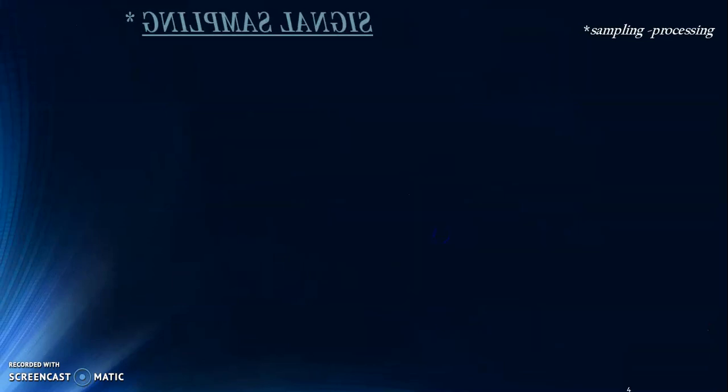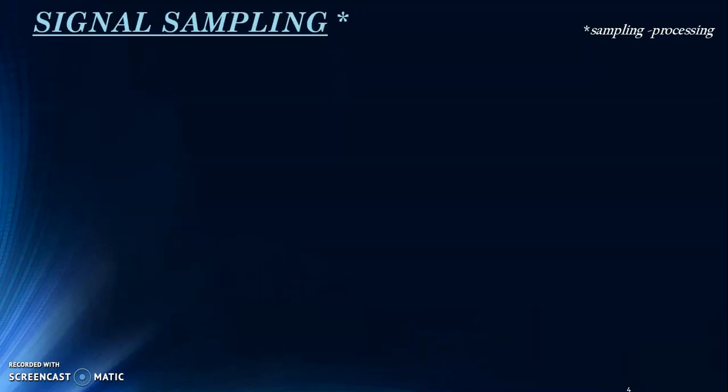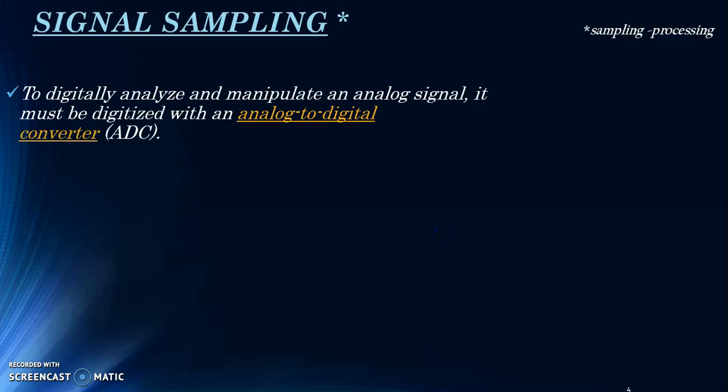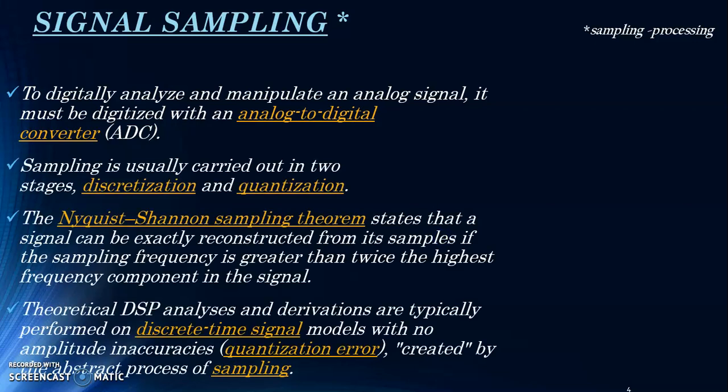Now, I'd like to speak about signal sampling. To digitally analyze and manipulate an analog signal, it must be digitized with an analog to digital converter. Sampling is usually carried out in two stages: discretization and quantization.